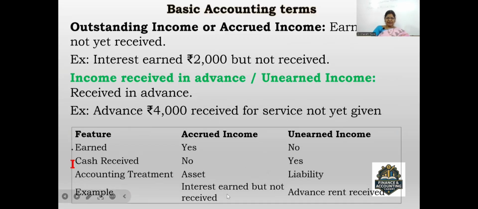Example, interest earned but not received means our outstanding income; actually we have to receive interest in this month, but we have not received. That is interest earned but not received. It is our asset. And liability, here, advance rent received. This rent relates to June month, but this June month amount I received in advance, that is, in May month itself. So this is called my liability.